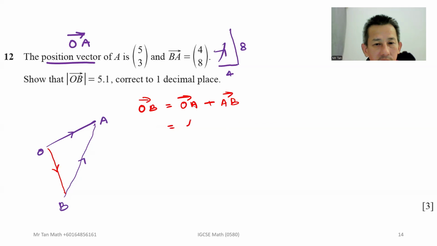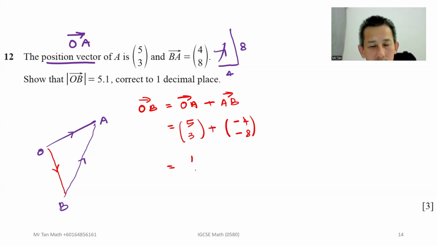So that equals (5, 3). You plus AB, which is the opposite of BA, therefore it is (-4, -8). So you get (1, -5).